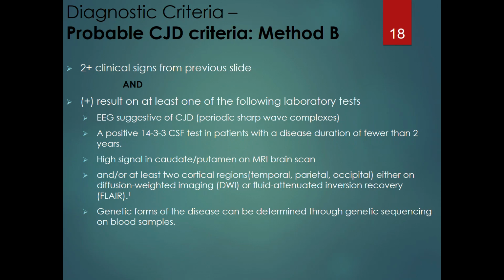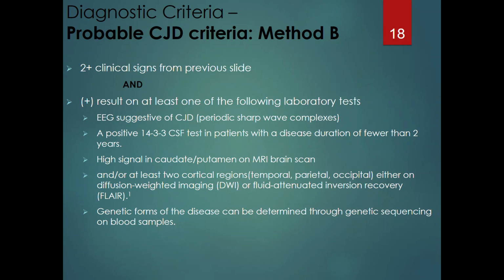An EEG suggestive of CJD with periodic sharp wave complexes, a positive 14-3-3 CSF test in a patient with a disease duration of fewer than 2 years, high signal in the caudate or putamen region on an MRI brain scan, and at least two cortical regions, temporal, parietal, or occipital, either on diffusion weighted imaging, DWI, or fluid attenuated inversion recovery, FLAIR.